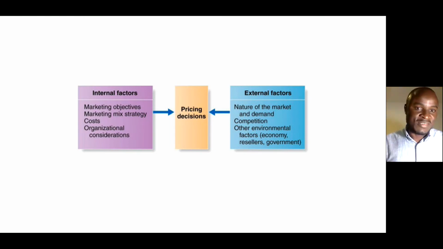What are your marketing objectives? What are you expecting for that particular product? What is your organization or your business expecting? What are the costs that the development of your product generates? And then you want to find out how customers are perceiving my product, or what is the nature of the market? Are people demanding the product or not?